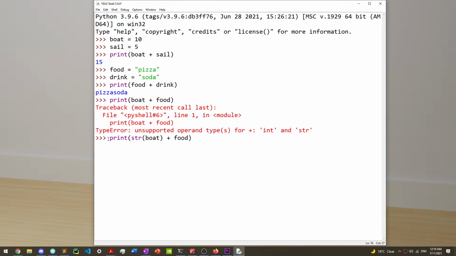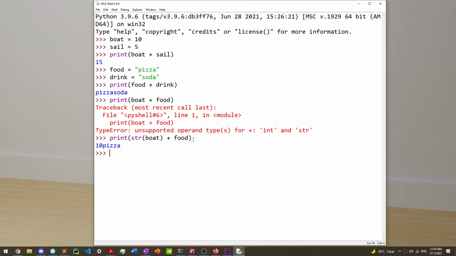And that's going to add the two strings, right? This is now a string plus this string, and now we get 10pizza. So that makes sense, right? And we have to always remember that when we're adding strings together, or concatenating strings, we need to convert them into a string first.